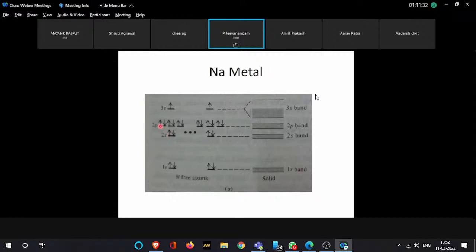They are all core. The core overlap is not going to be much, but the 3s is going to be involved in the bonding. Obviously, this will be disturbed more compared to the core. I hope it is clear now.